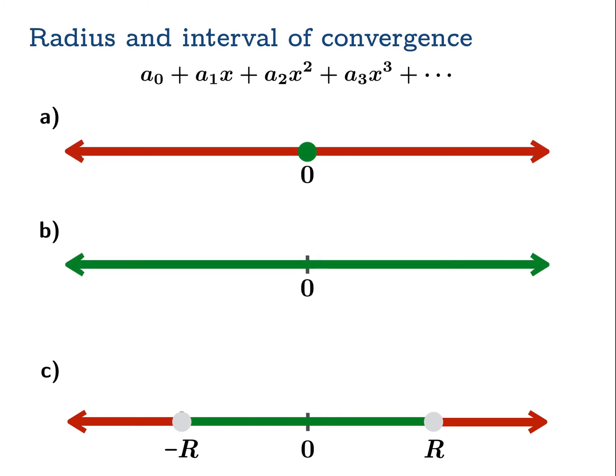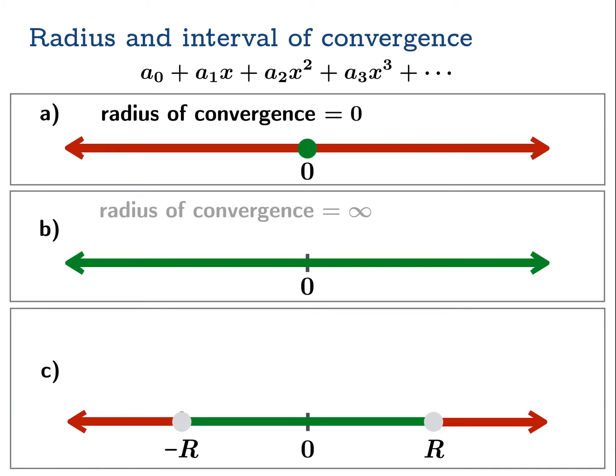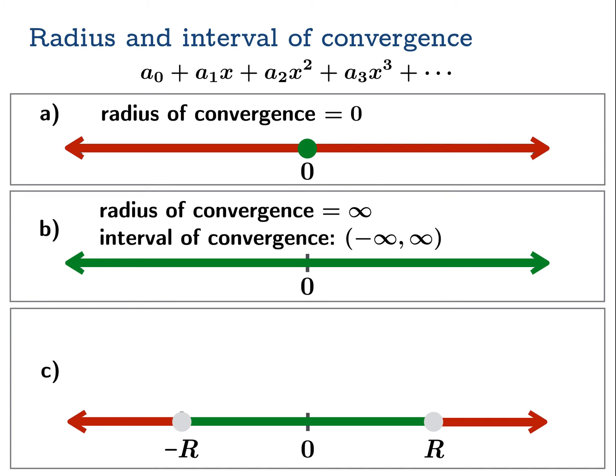Now there's some language we use for convenience. In the first case, we would say that the radius of convergence is 0. In the second case, we would say that the radius of convergence is infinity, and that the interval of convergence is negative infinity to infinity, or just the set of real numbers. And finally, in the last case, we would say that the radius of convergence is r.